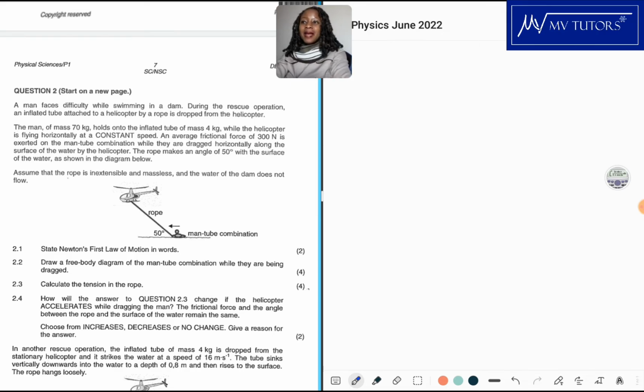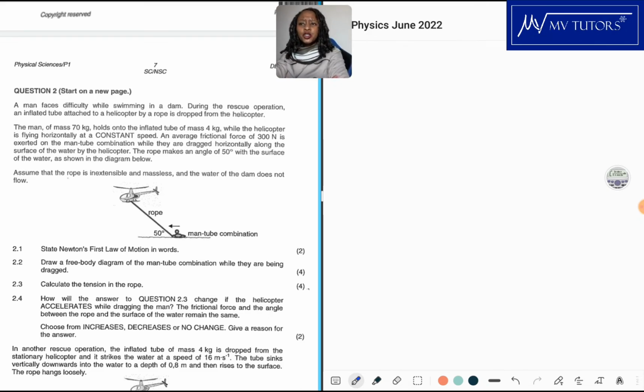So it says, a man faces difficulty while swimming in a dam. During the rescue operation, an inflated tube attached to a helicopter by a rope is dropped from the helicopter, initial velocity 0. The man, of mass 70 kilograms, holds onto the inflated tube of mass 4 kilograms while the helicopter is flying horizontally at a constant speed, so acceleration 0.